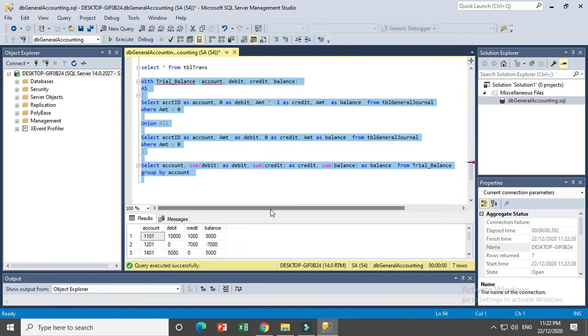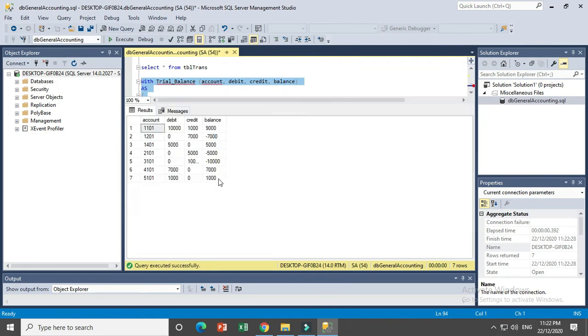If we execute that, this is more presentable. We have here 10,000 debit, so instead of the negative positive balance, it's pretty much similar to our traditional accounting.